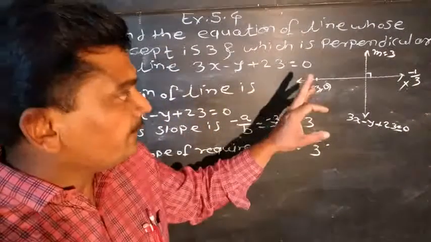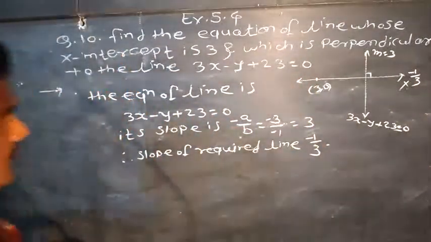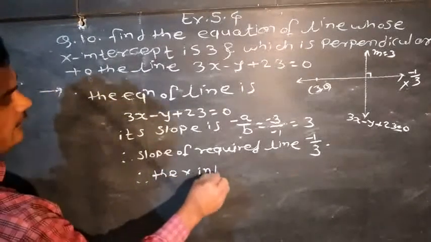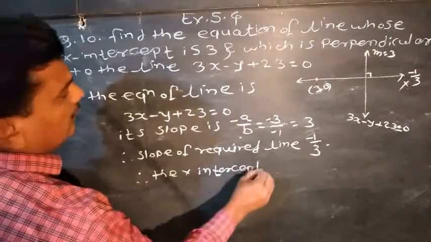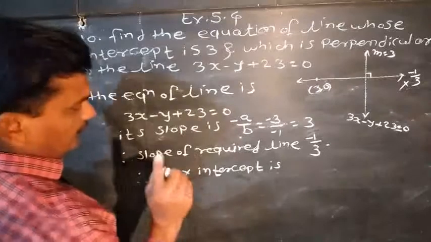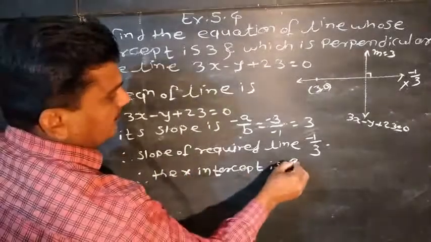We know the x-intercept. The x-intercept is given in the question. Therefore, the x-intercept is 3.